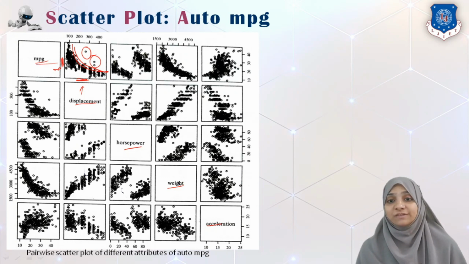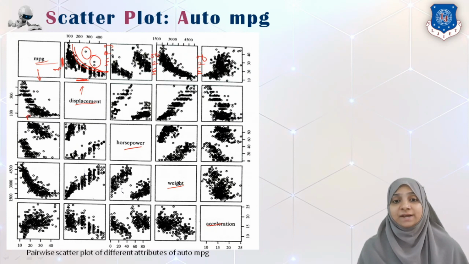Now this row is MPG. So every time on the y-axis we have MPG. Here also we have MPG on the y-axis. Now this column is also MPG. That means every time my x-axis is MPG.